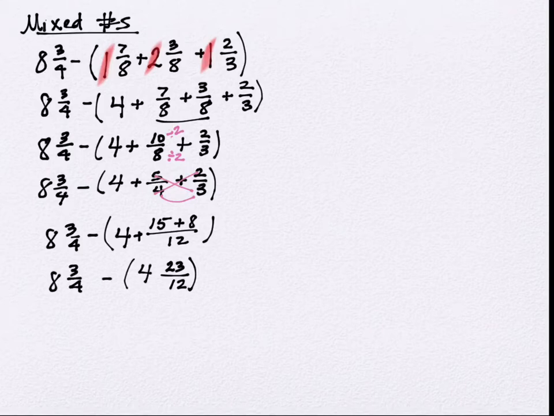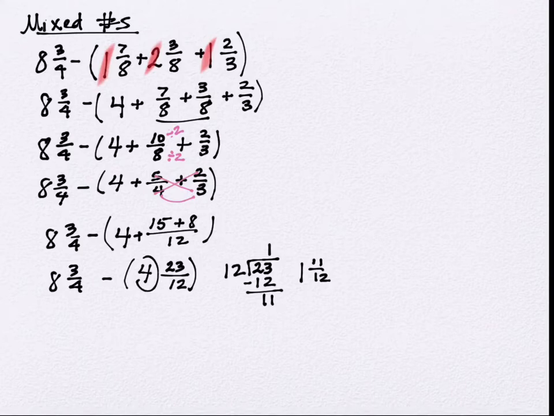Because we're subtracting, it's probably a good idea to at least now go ahead and change the 23 over 12 into a mixed number. It's not going to entirely help us because we're about to run into a slight problem, but it's not bad. I mean, it goes in one time and it leaves me with 11, right? So this is 1 and 11 over 12.